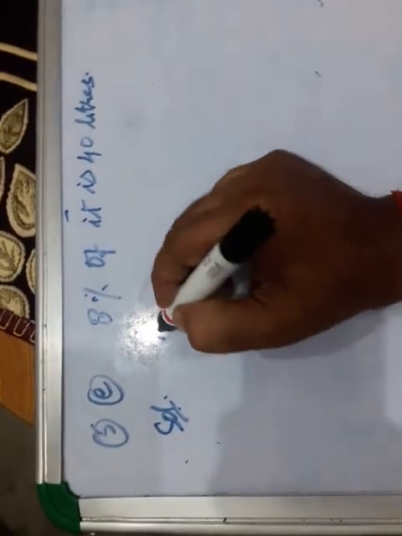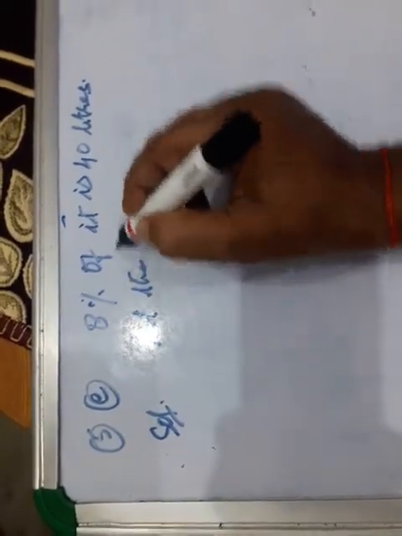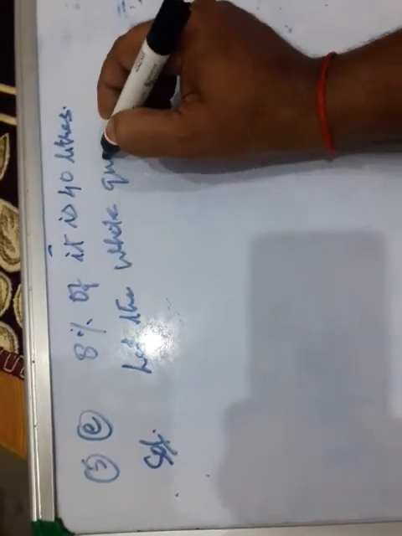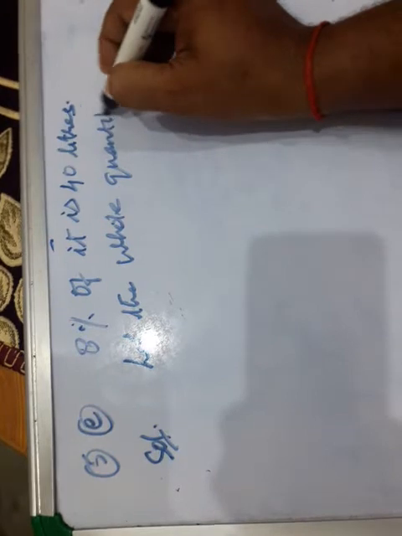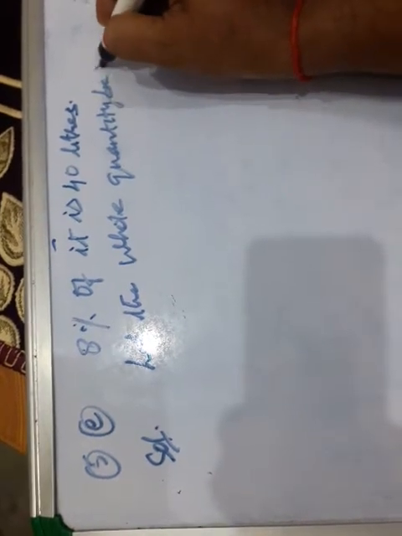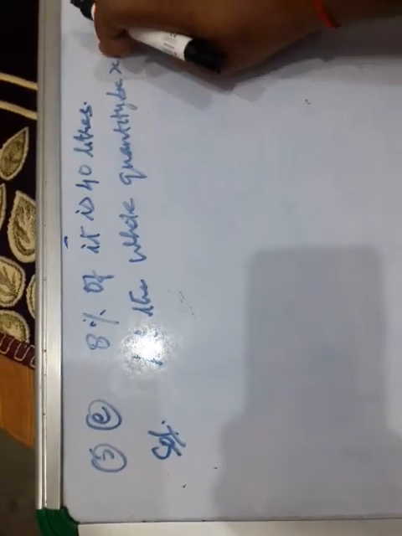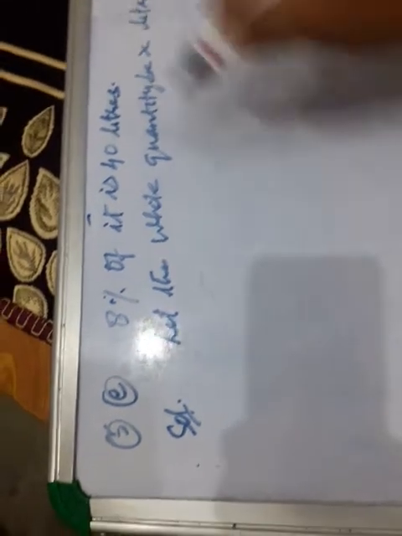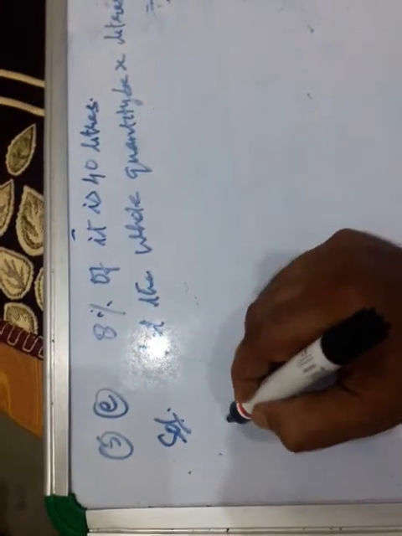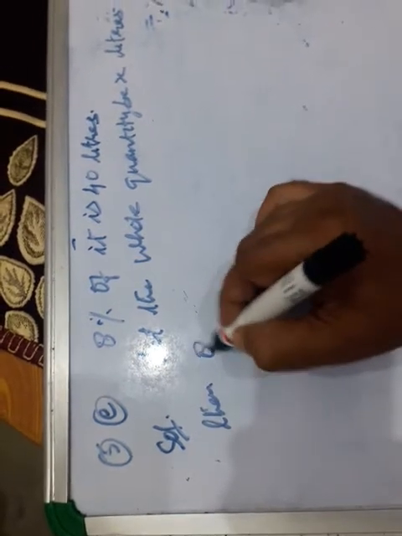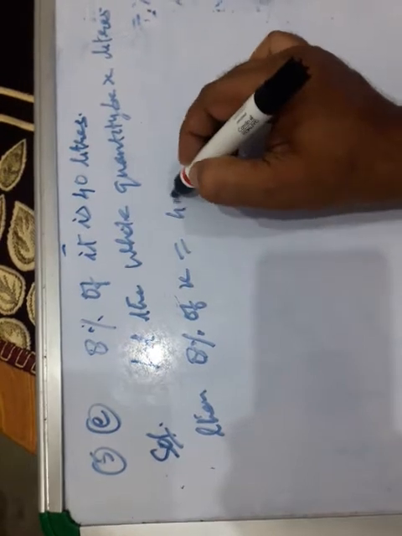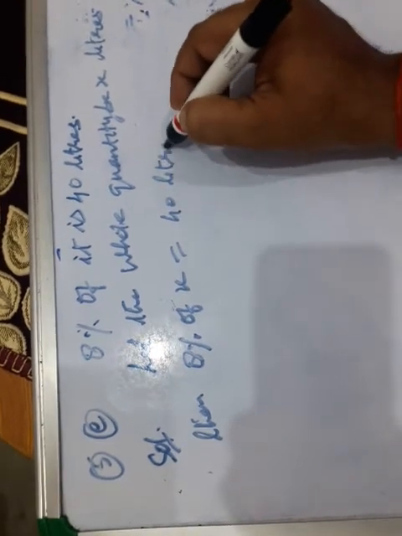Let the whole quantity be x liters. X liters means that is X liters. This implies that then 8% of X equals 40 liters.